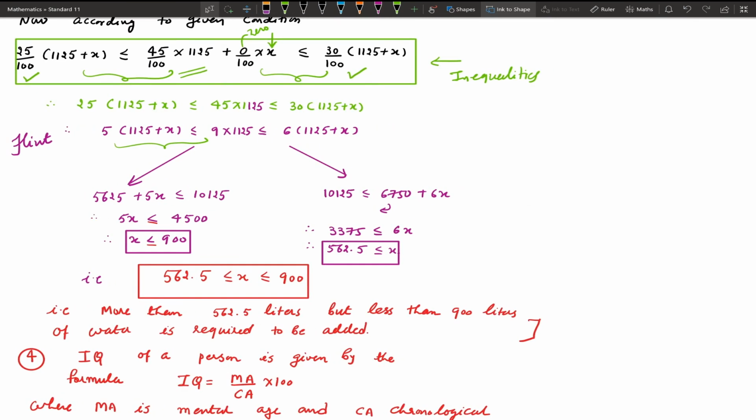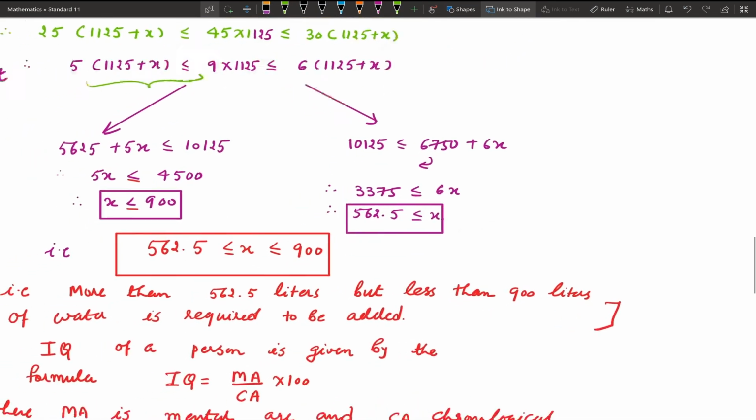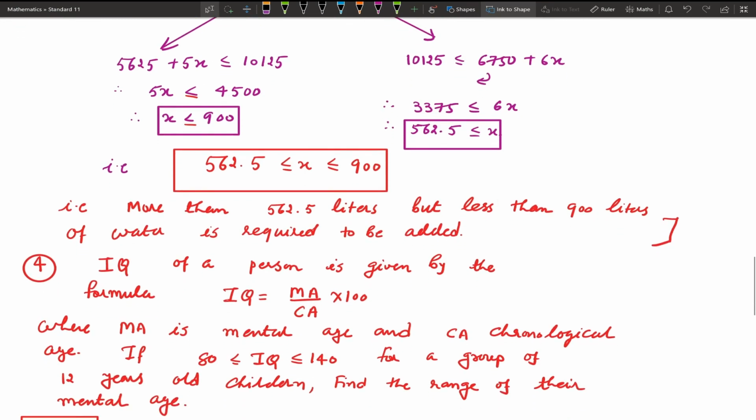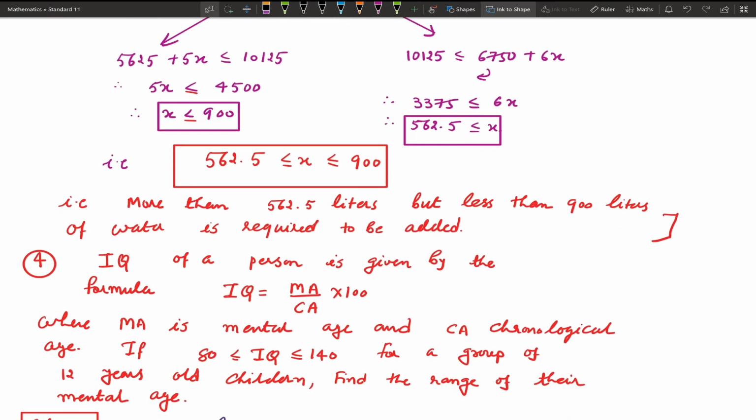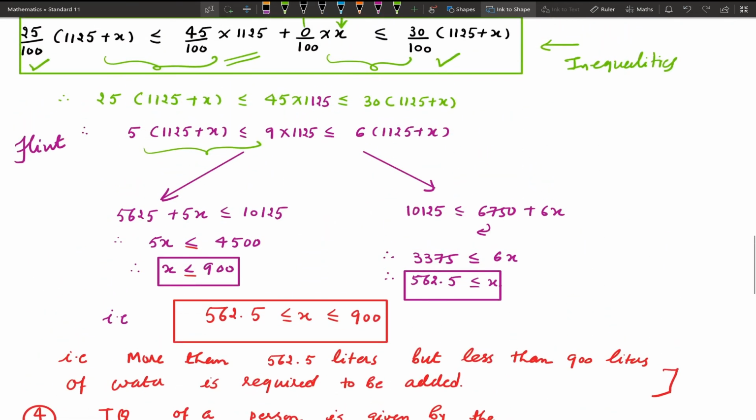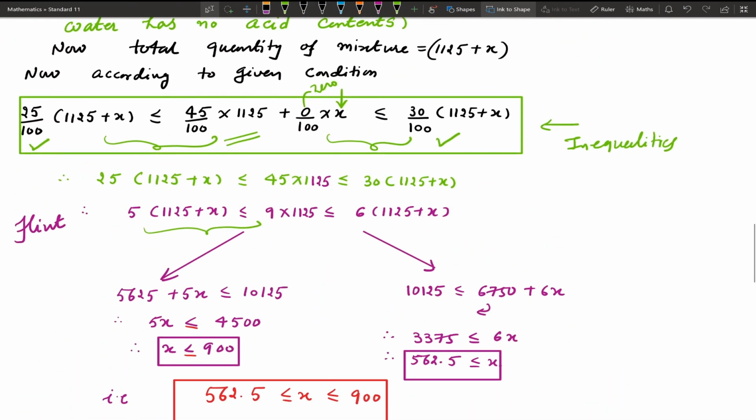from the second portion you will get 562.5 less than or equal to x, and therefore more than 562.5 liters but less than 900 liters of water is required to be added. The only important thing is how to form the inequalities.